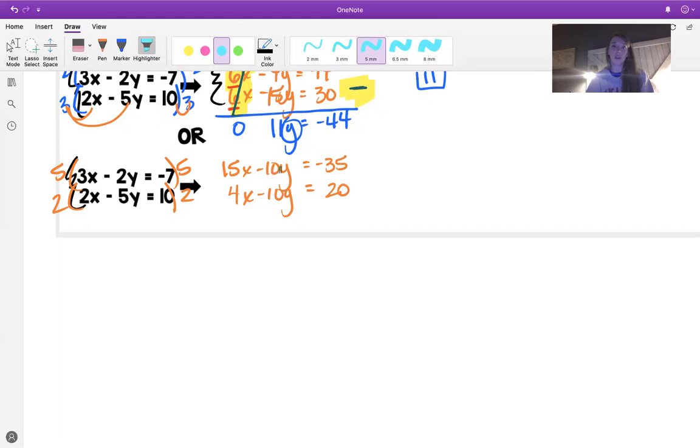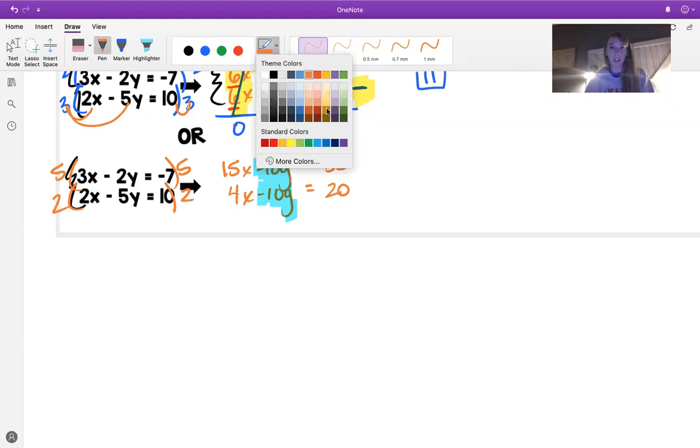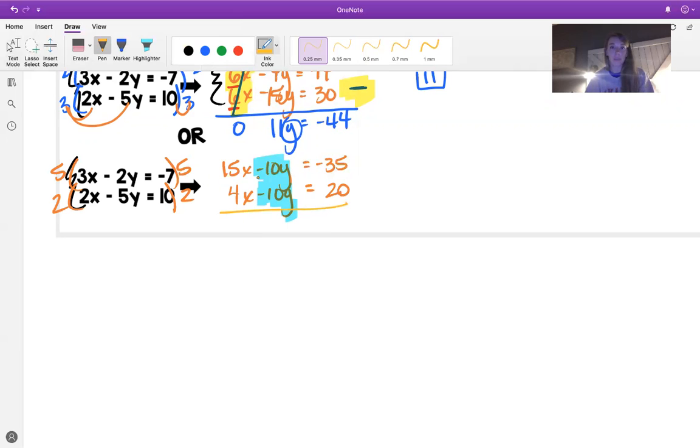Immediately I see that my coefficients right here match up. They both have a negative 10. If I'm wanting to eliminate these, then if I add them, a negative 10 plus a negative 10 would give me negative 20. If I did a negative 10 minus a negative 10, that would give me 0.